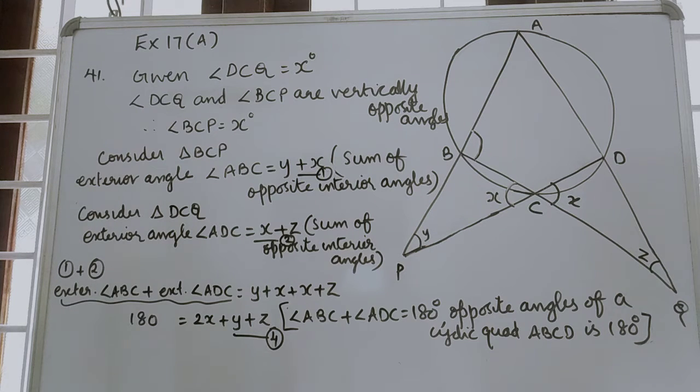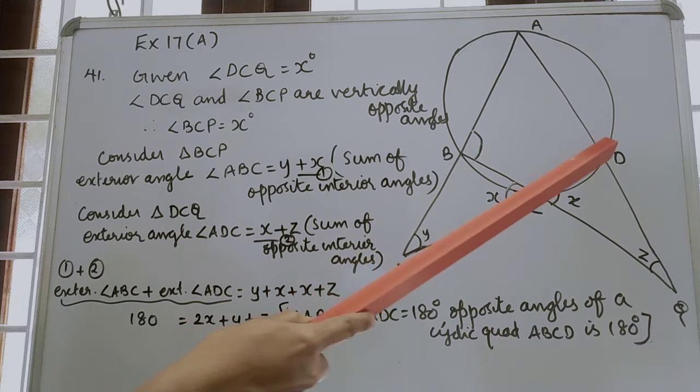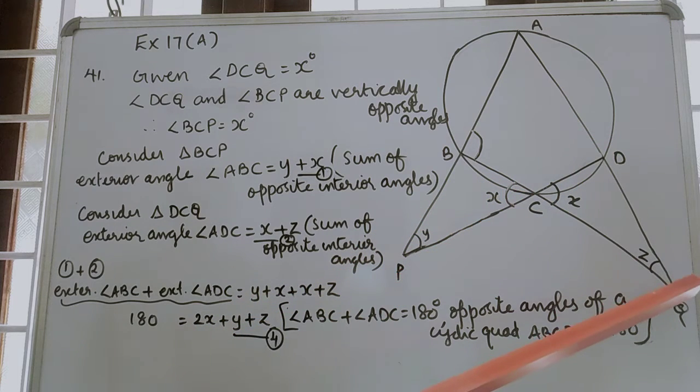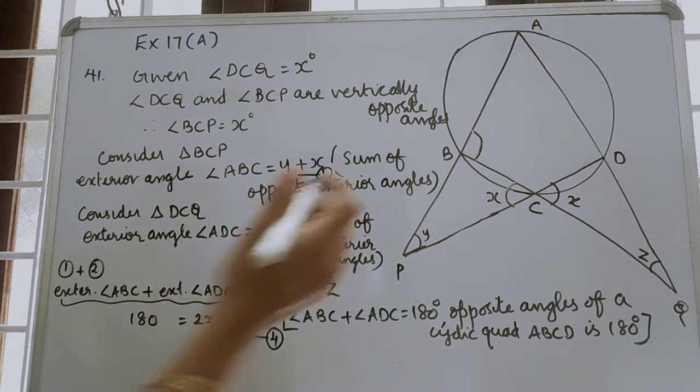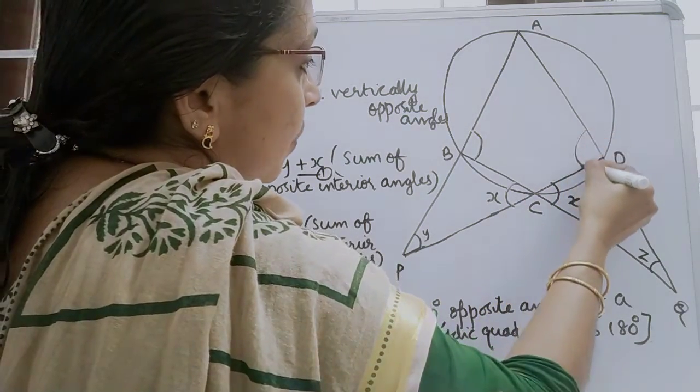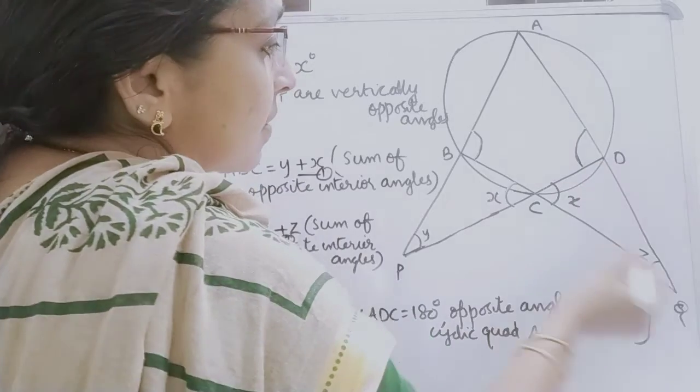Then, consider triangle DCQ. Same way, look at angle ADC. Exterior angle ADC will be the exterior angle of DCQ.